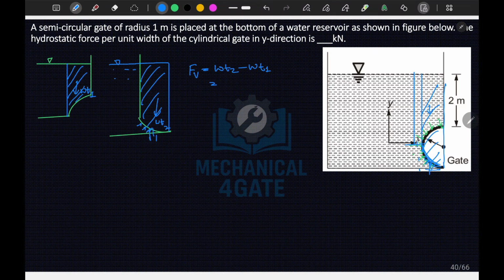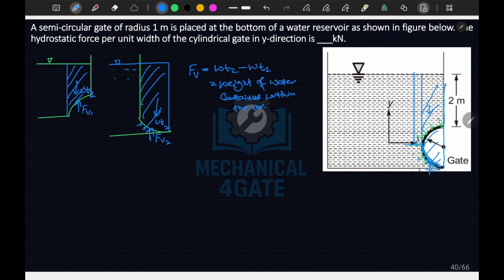This is Fv1, this is Fv2, so Fv will be the weight of water contained within the volume.